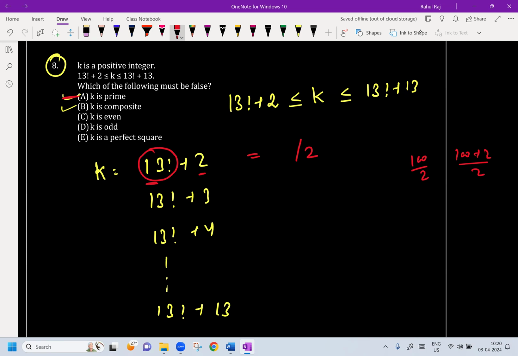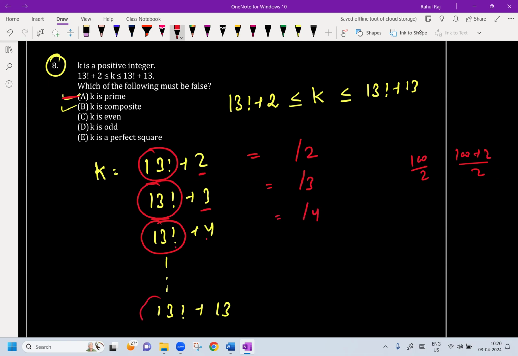Can I say here 13 factorial is divisible by 3? Yes. If 13 factorial is divisible by 3, then a number divisible by 3 plus 3 will surely be divisible by 3. Can I say 13 factorial is divisible by 4? Yes. So a number divisible by 4 plus 4 will surely be divisible by 4.